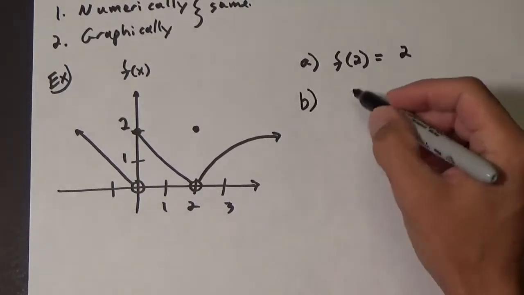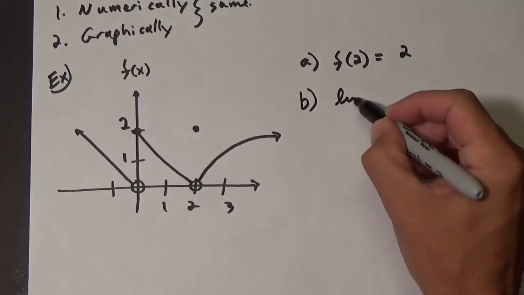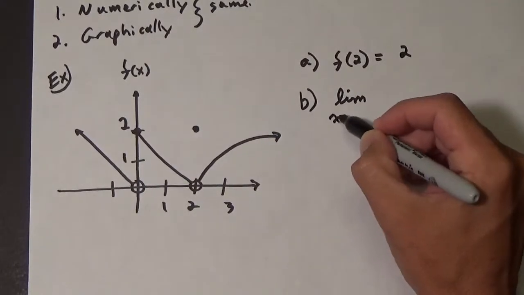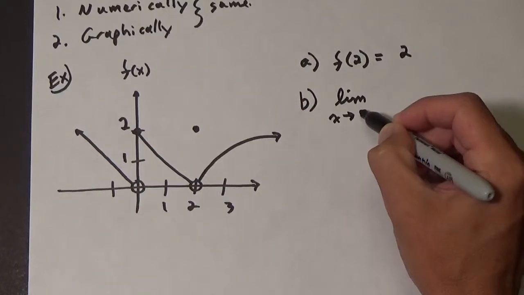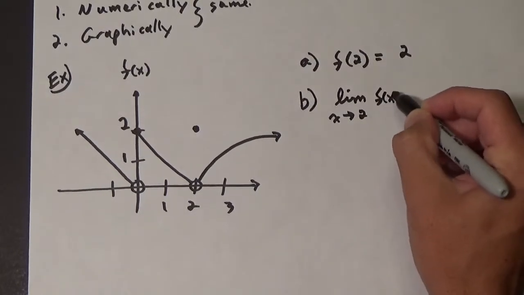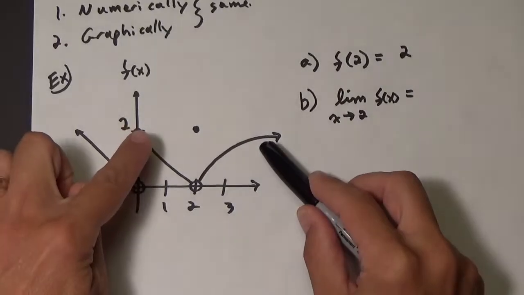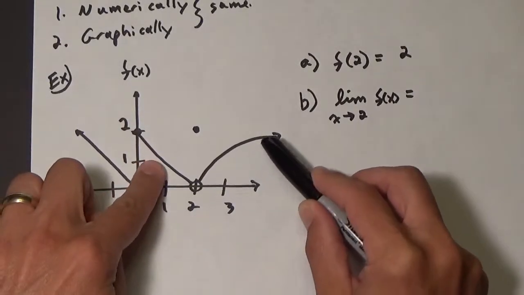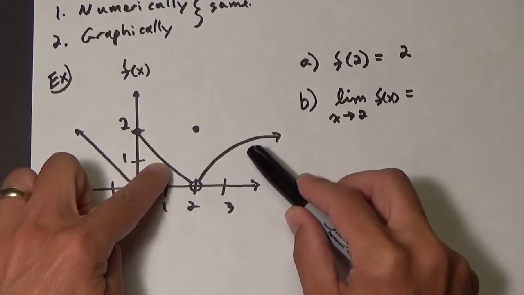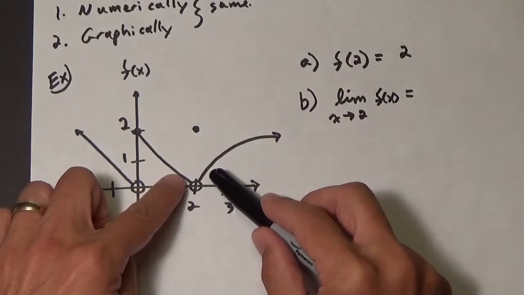Now for part B, what is the limit as x approaches 2 of f of x? Now this is a little different, because from the left and the right, we're going to start approaching x equals 2 in our graph.